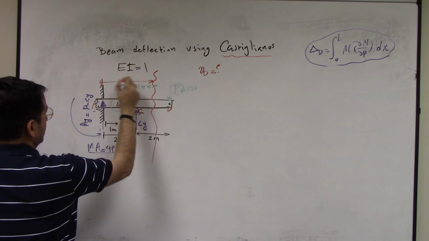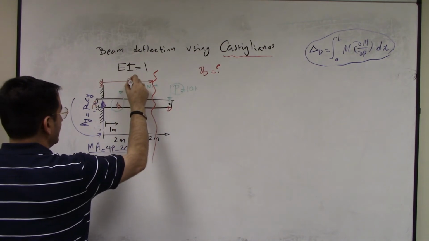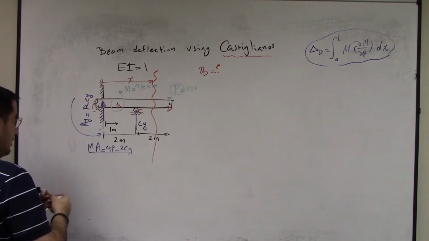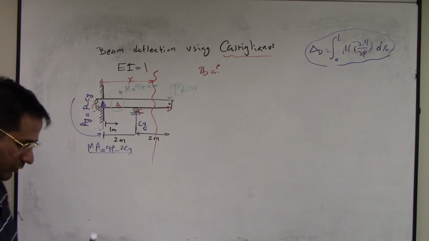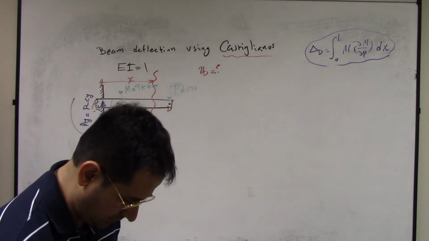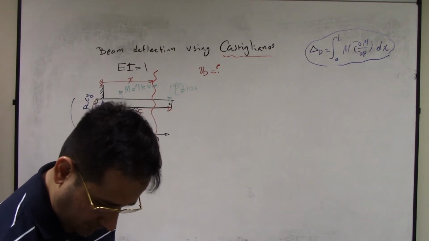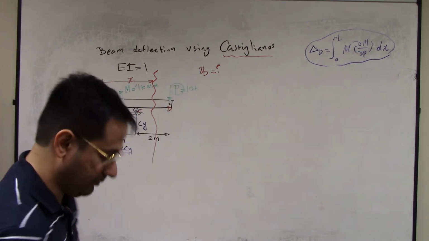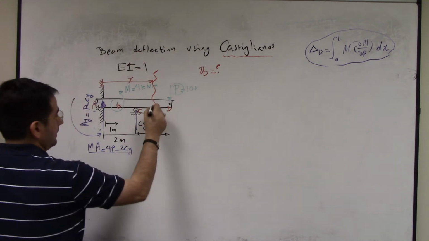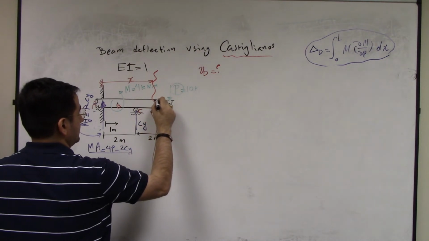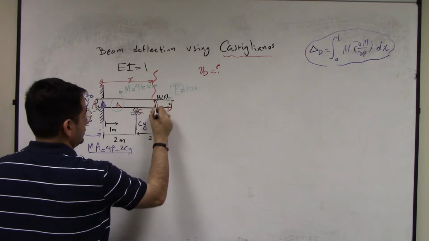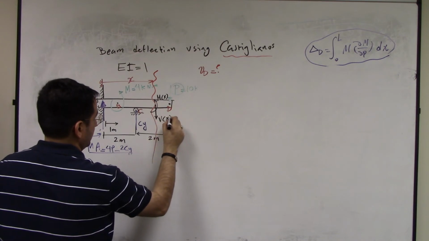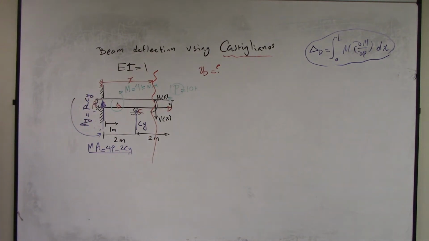And this is my X. To write my moment relation, markers right down. So if you cut it here, you have a moment Mx and the shear force coming down, positive Vx, and no axial force.